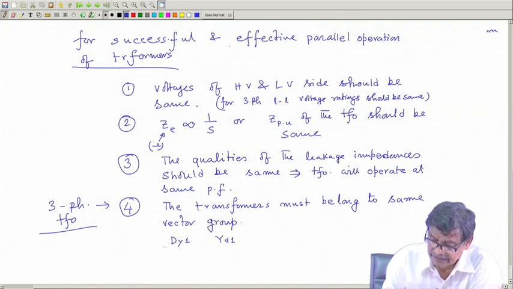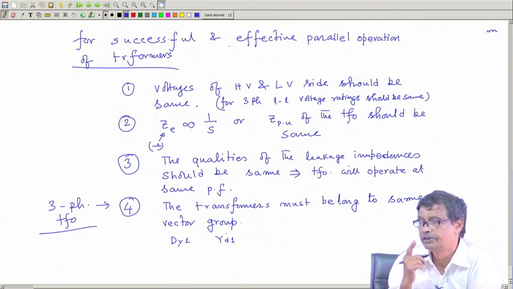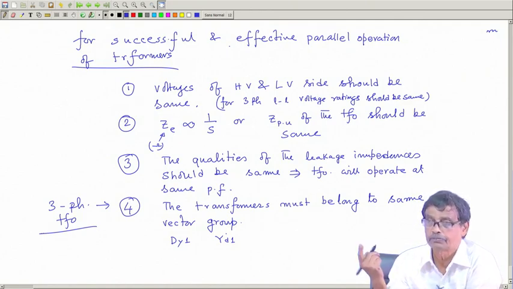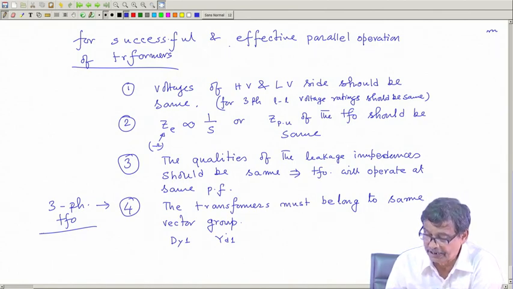So, this is the thing we must add. Of course, DY1 can be parallel with DY1, no question, but I should not demand that once a transformer is DY1, another transformer should also be DY1. No, it could be YZ1 also, it can be parallel with. Clear?